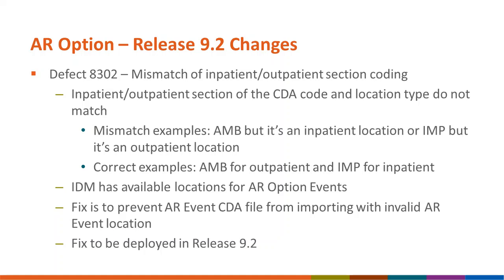For example, AMB, or ambulatory, in the inpatient, outpatient section coding of the CDA file when it's actually an inpatient location type, or vice versa, IMP, or inpatient, in the inpatient, outpatient section of the CDA file when it's an outpatient location type. Remember, you should only report the AR option events using the locations outlined in the IDM. The next slides show examples of the mismatch and corrected coding.